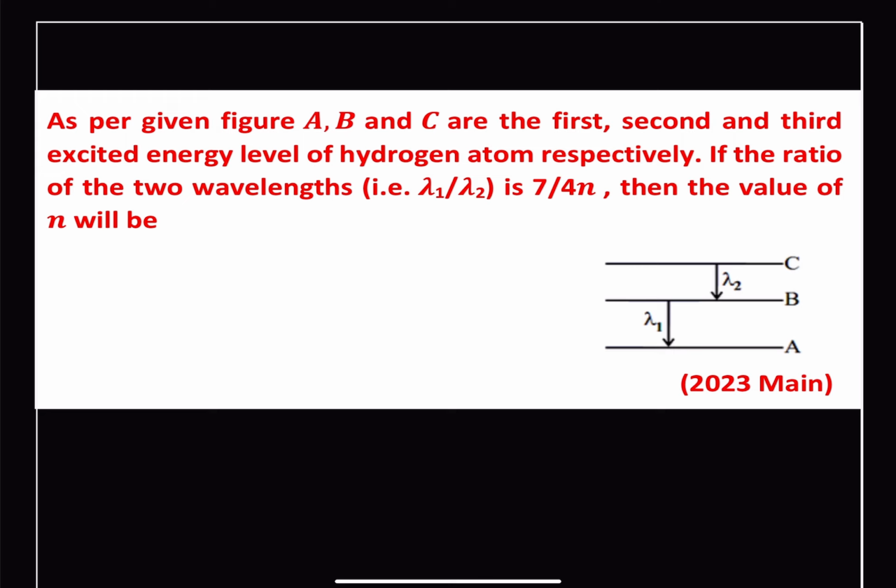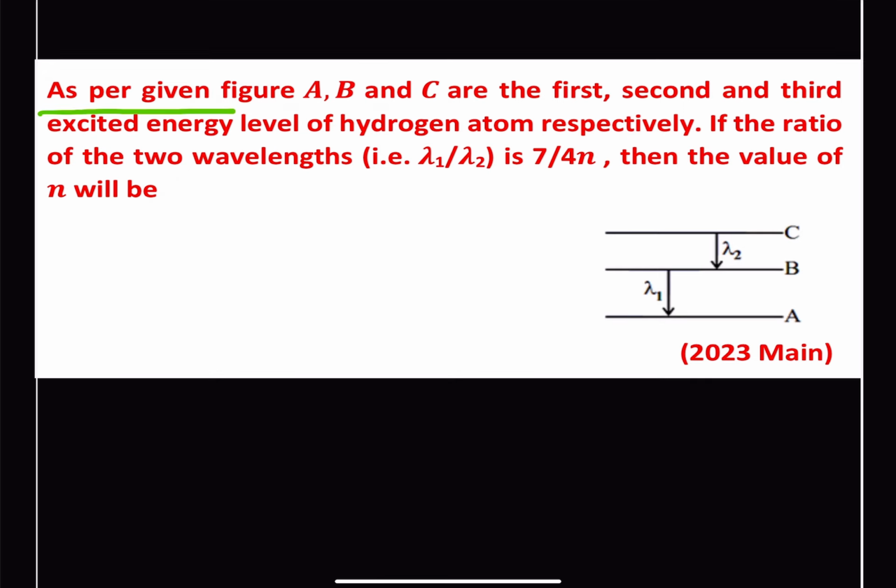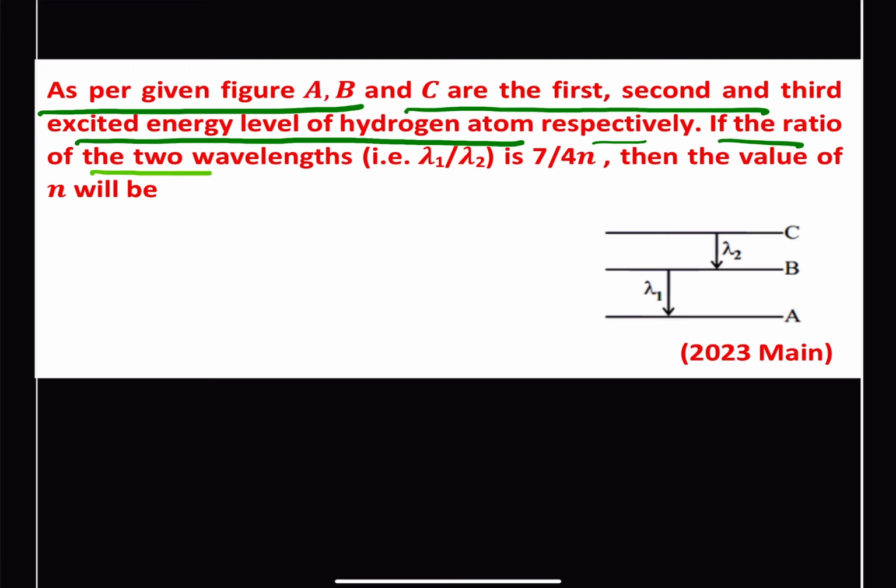It states that as per the given figure, A, B, C are the first, second and third excited energy level of hydrogen atom respectively. If the ratio of two wavelengths, lambda 1 and lambda 2 is 7 upon 4n, then the value of n will be. So we are given two wavelengths, and A is our first, second as well as third.